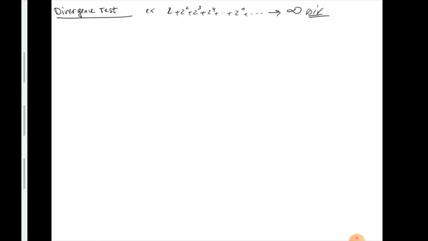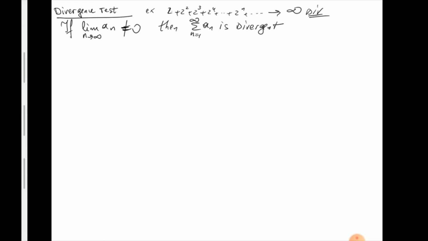So the formulation of the divergence test simply states that if the sequence that is part of the terms added to the series, so if the limit of a_n as n goes to infinity is not equal to 0, if these terms don't get smaller and smaller, then the infinite series involving these terms is divergent.